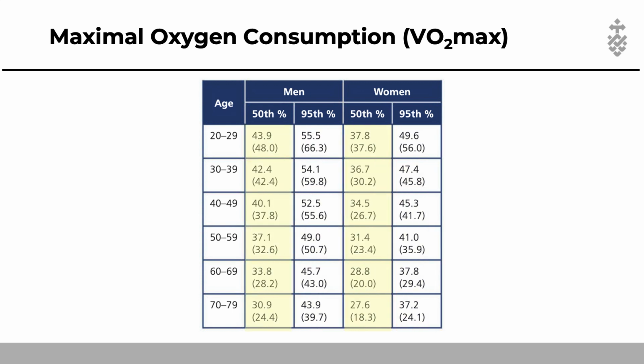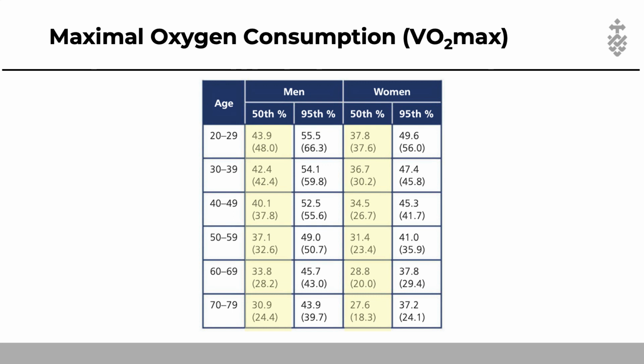So if we have a look at the trends for the average VO2 max in these genders and age groups, what we see with the men is there's a decline in VO2 max from the 20s to the 70s. So going from around 43.9 down to 30.9. Same thing for the women. There's still a decline from around 37 all the way down to about 27 in the 70s.